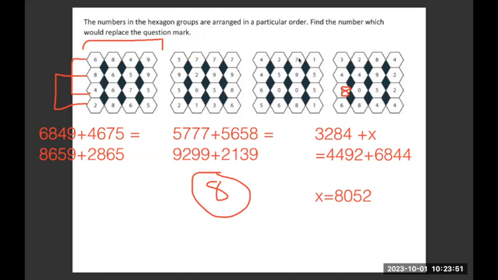That same relationship applies in all, and hence we will find the last number, which we are looking at as x here, will be 8052. Hence the question mark will be replaced by 8. Any doubts, any questions? Thank you.